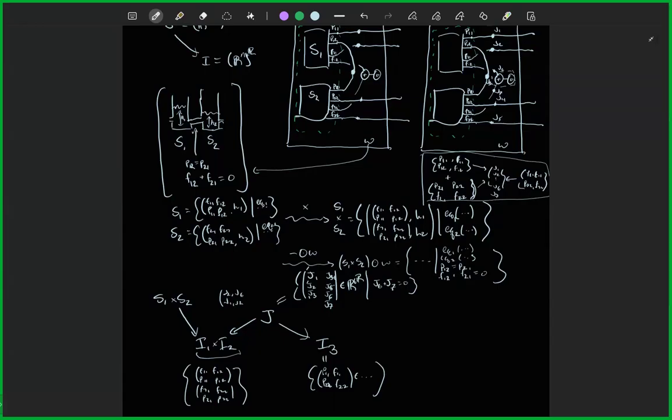So here, F11 gets J2, P11 gets J1, and so on. P12 gets J3, I think. It's J3. And then over here, F21 is J6 again.